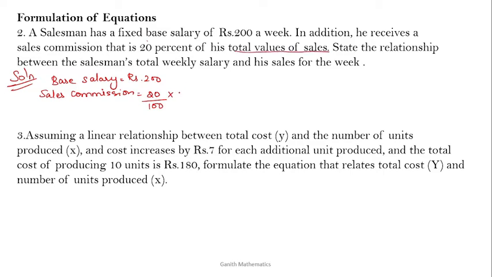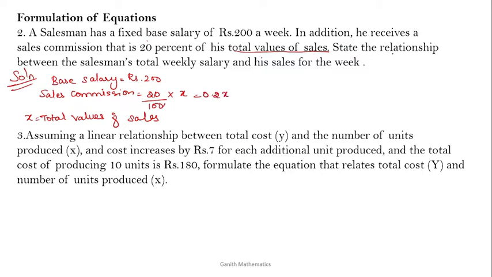I'm going to take this total value of sales as x. So I'm naming x is equal to the total value of sales. The sales commission he is getting is 20% of the total value of sales. So 20% I am writing as 20 by 100 into the total value of sales, so it will be 0.2x.